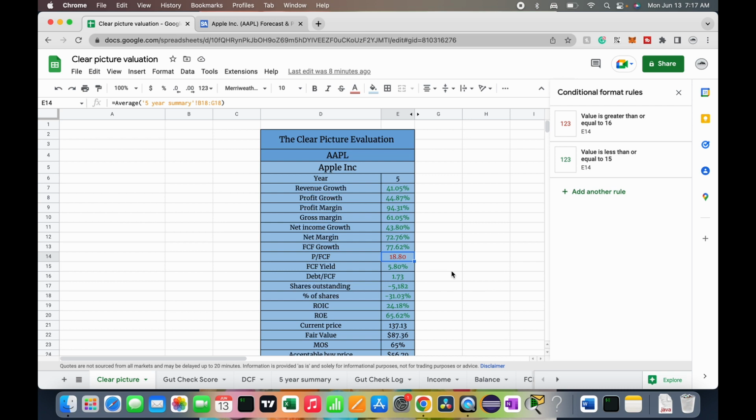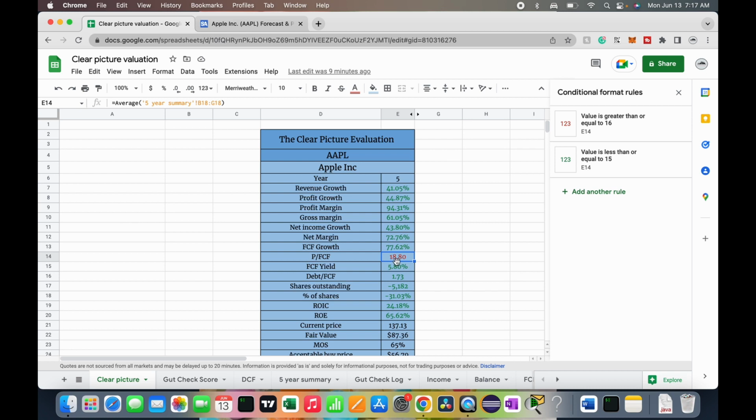So just to have a low price to free cash flow means they're able to manage their free cash flow better than if it's high. If it's high, it means they are not understanding or not managing the free cash flow well, or they're just not able to manage their money.